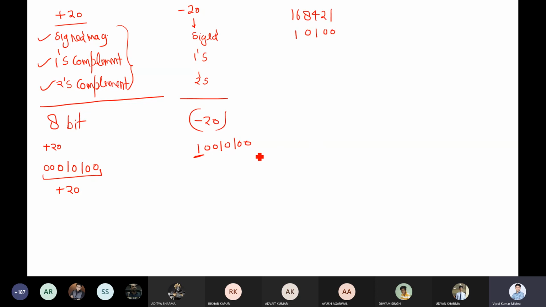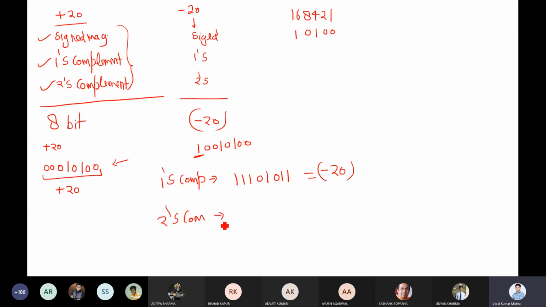But in case of ones complement, you take this entire number and take the ones complement, so it will become 1 1 1 0 1 0 1 1. This is minus 20 in ones complement. Now for twos complement, you just add 1 to it.